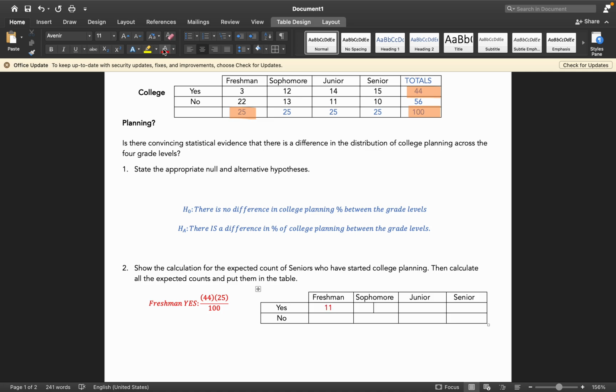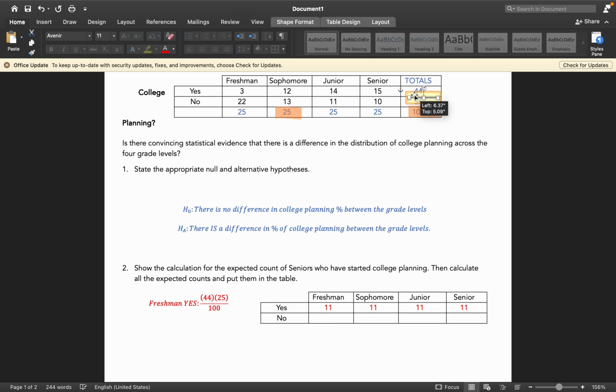For the sophomores, I would do, again, 44 times 25. And you'll notice that I'll get the same thing because it's still 44 times 25. I'll get the same thing for the juniors and the same thing for the seniors. For freshmen no, I'll use the 56 and the 25.